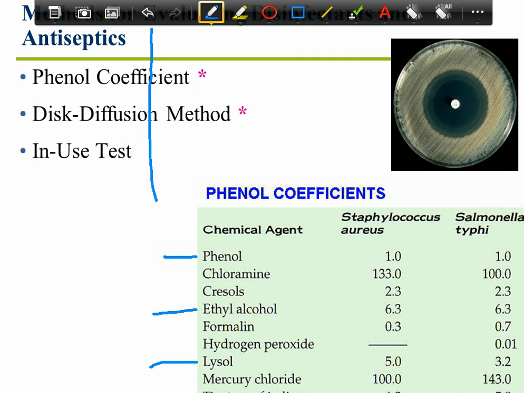Notice that when they do a phenol coefficient, they compare the killability against 2 very different organisms. Staph is a gram-positive organism. Salmonella is a gram-negative organism. And you know that they have different kinds of wall structures and susceptibilities to different agents.